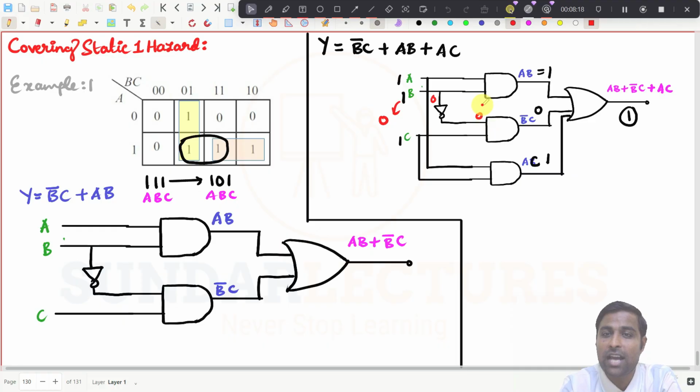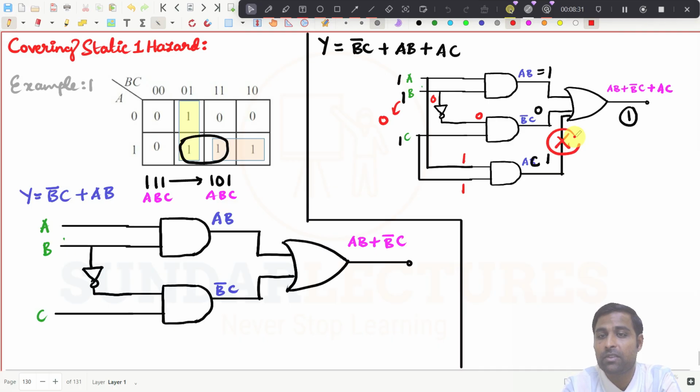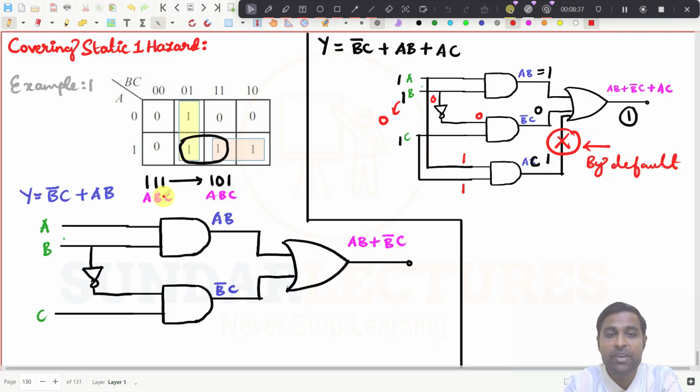But what happens now, since this A and then C, it is not going to change, right? It is not going to change. So this will make by default, even if B is changing from 1 to 0, this gate will make this to 1.